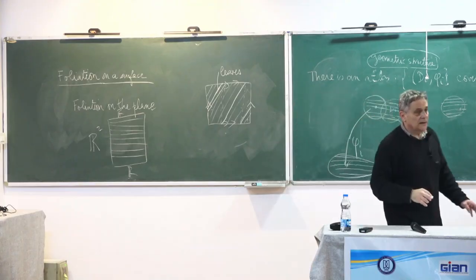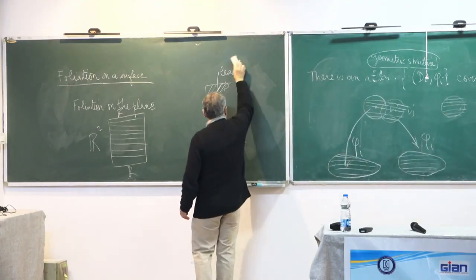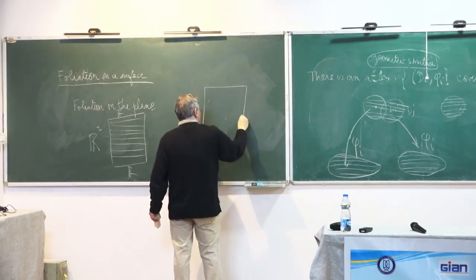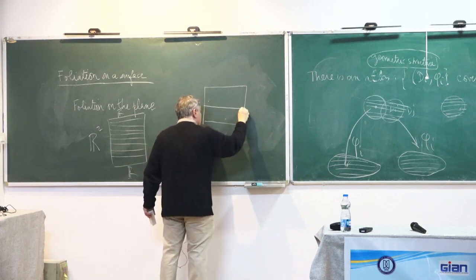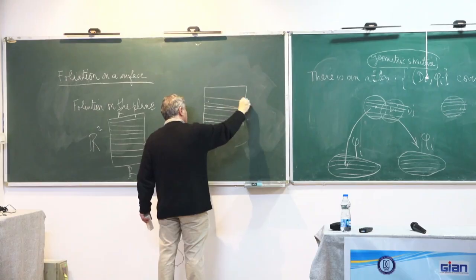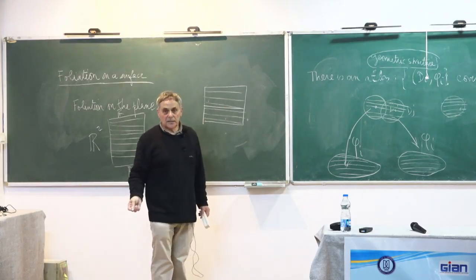Yes, it depends on the slope. This is an important thing which I will use. For instance, if the slope is 0, then I come back to myself. This is a foliation of the torus, but all the leaves are closed leaves.